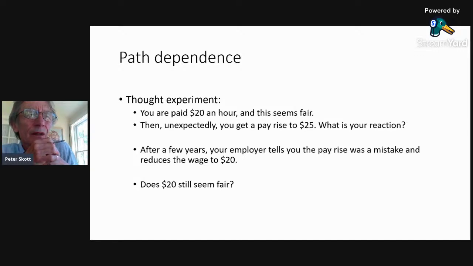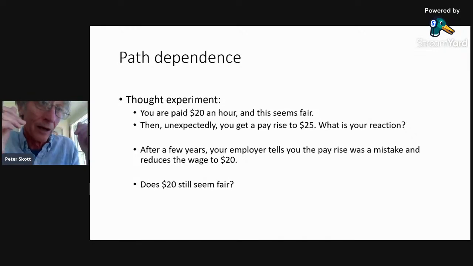What's your reaction? Well, you'll be very happy. And then probably you would relatively soon get used to the idea that, yes, I'm worth 25. That adjustment is not hard to make. It's much harder to go around thinking, look, I'm only worth 20.